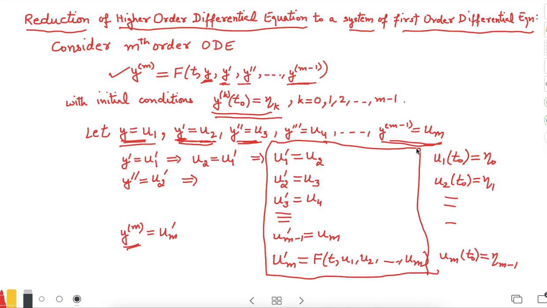So we have a system of first order differential equations along with the initial condition for each first order equation. This way we can easily convert any higher order differential equation into a system of first order differential equations. Let us now consider one example.